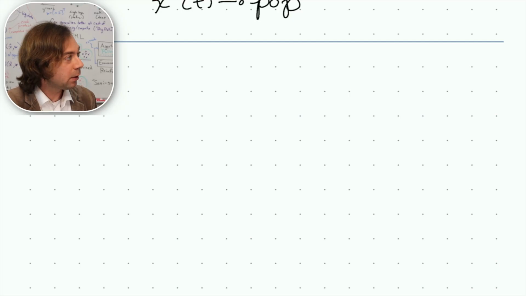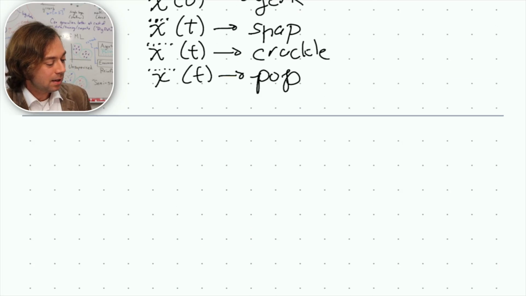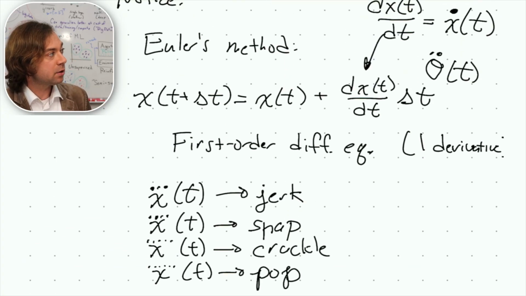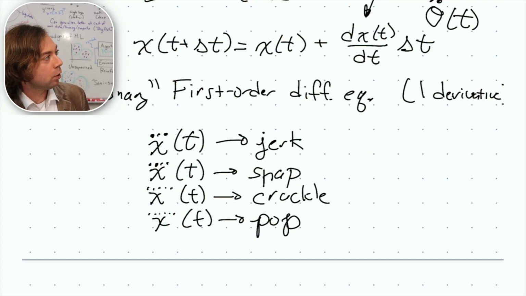All right. But the point is, we're going to have to deal with higher order derivatives. Another thing you'll notice is that there's only a derivative with respect to time, right? There's no derivative with respect to space, or any other variable. And that means it's what we call an ordinary differential equation.